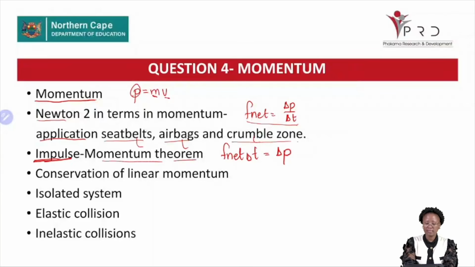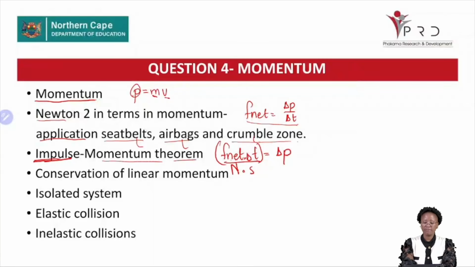Remember, impulse is F net delta T, which has SI units of newton seconds. Remember, it's not newtons per second. Do not put any -1 there, because you can see that the variables are multiplying each other. They are not dividing each other.